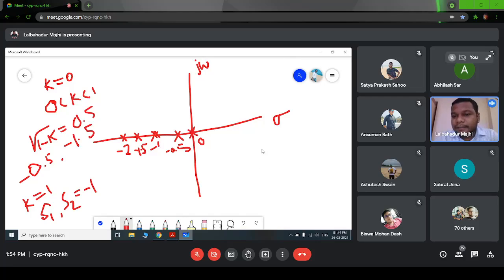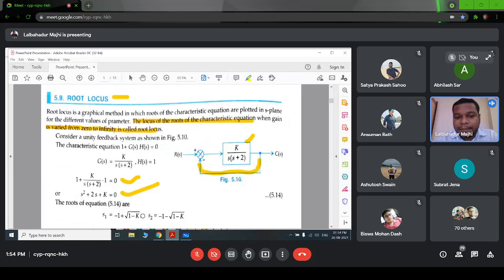Clear? So then we have to make the value of k greater than 1. What will happen if we make the value of k greater than 1? Any guess? Imaginary. Yes, this term will be imaginary, right?